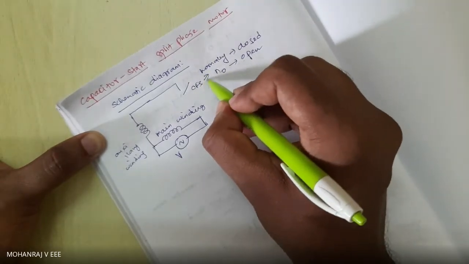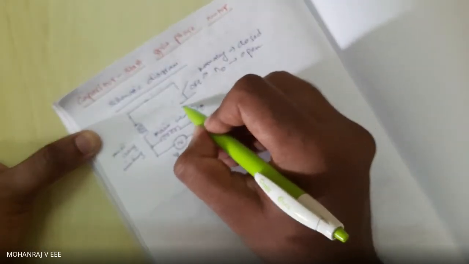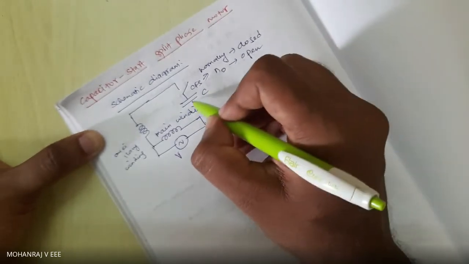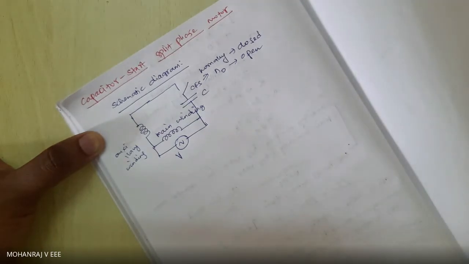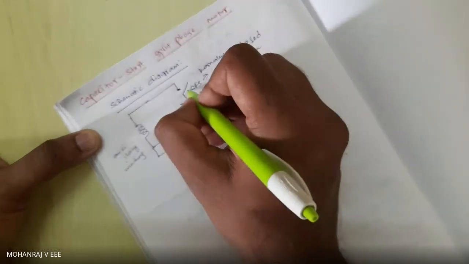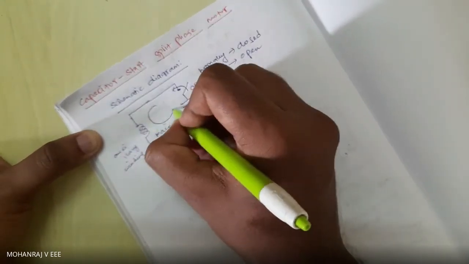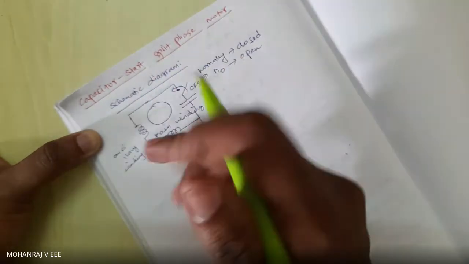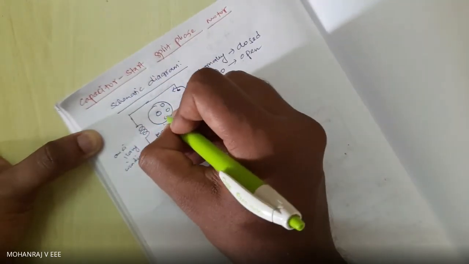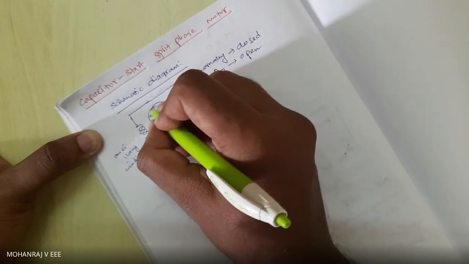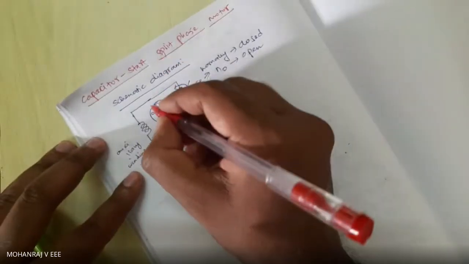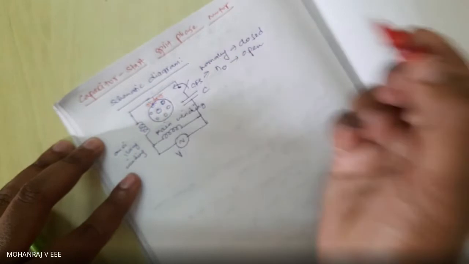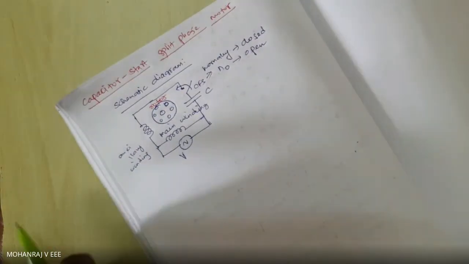Then we'll have a capacitor C. That is why it is known as capacitor start split phase motor. This is my stator setup, and I have my rotor, which is a squirrel cage rotor.